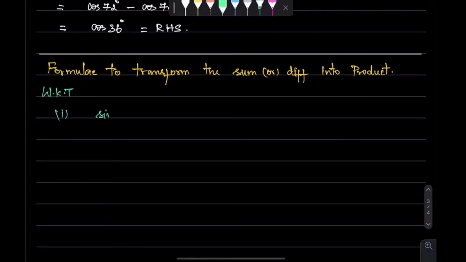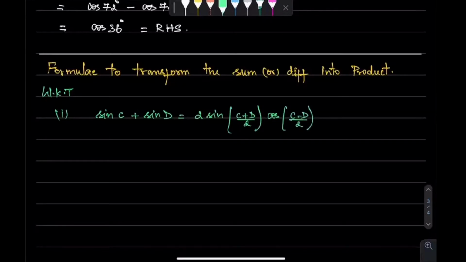Sin C plus sin D is equal to 2 sin (C plus D) by 2 into cos (C minus D) by 2. You understand now? See, we are converting sum into product, isn't it? The previous result is product into sum.